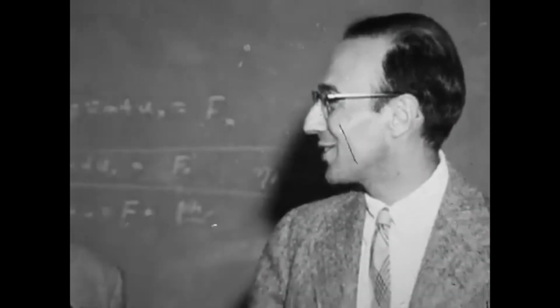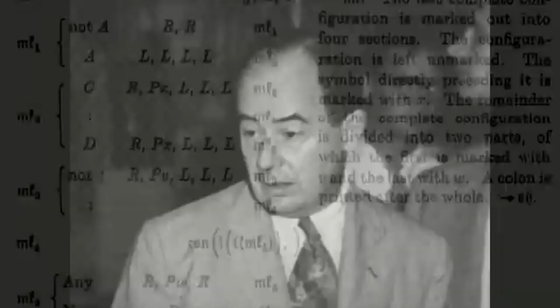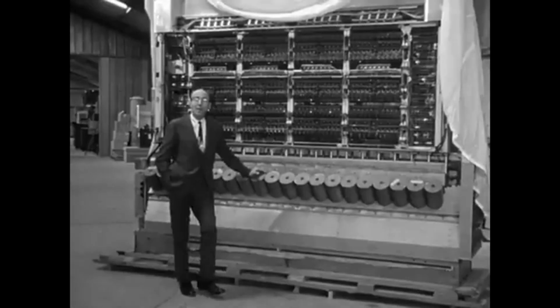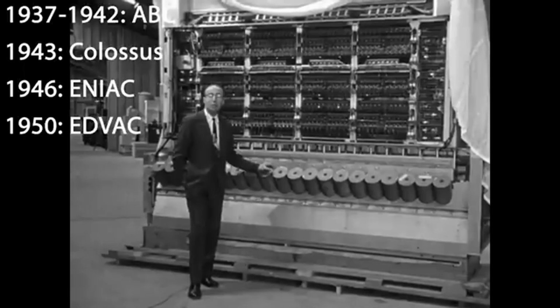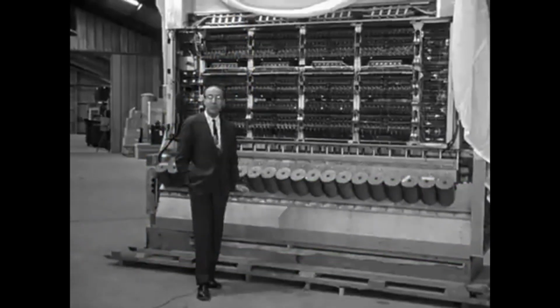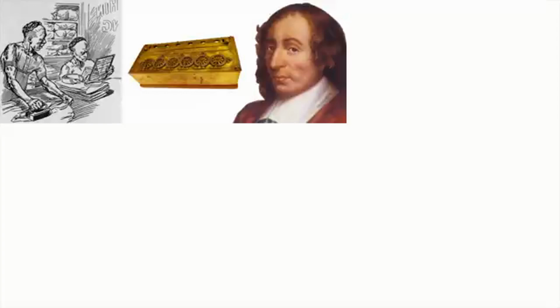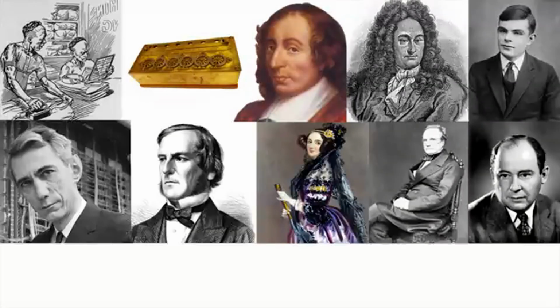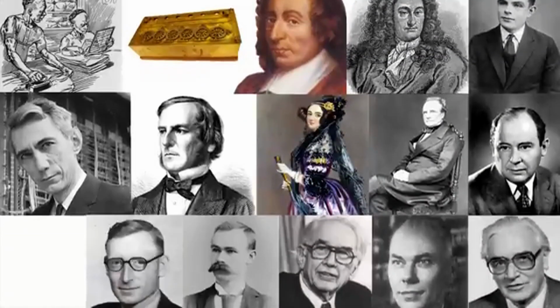A famous example is the ENIAC, which stands for Electronic Numerical Integrator and Computer, which was massive, consumed a lot of power, and was highly unreliable. These early CPUs could perform basic calculations, but they were slow and prone to failure.